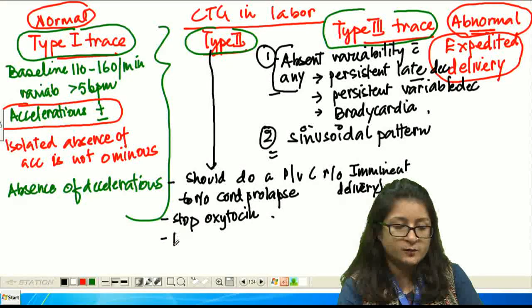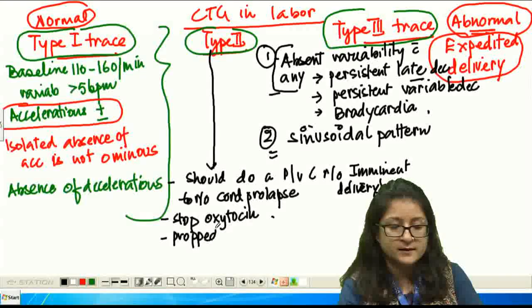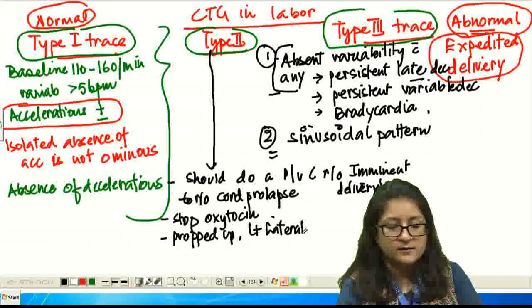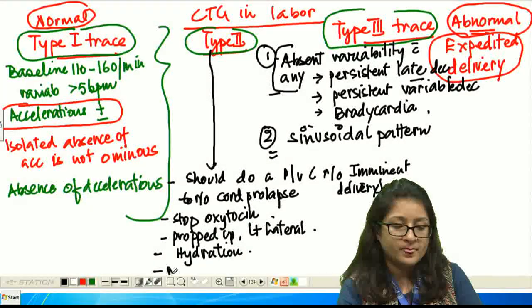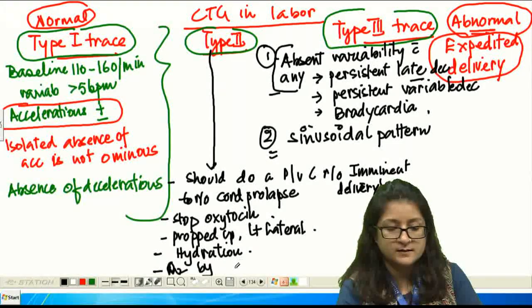We should put the woman propped up, left lateral. Hydration should be improved, maternal hydration, and oxygen by mask.